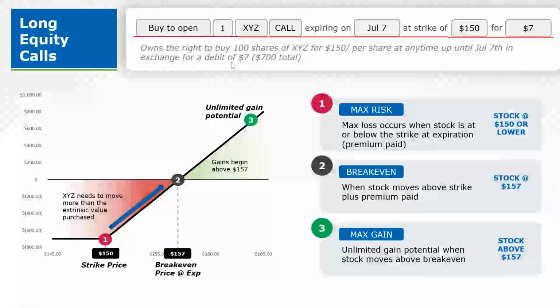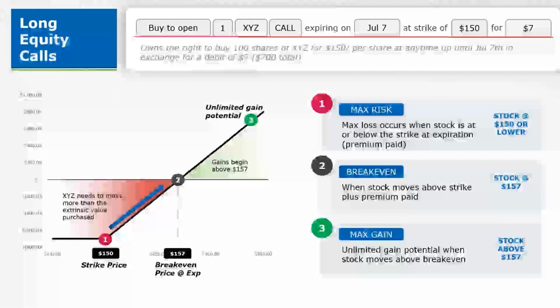Now, when it comes to the basic definitions, especially for long equity calls and long equity puts, it always says the right to buy. And yes, that is theoretically correct. However, remember what I said a few minutes ago, that options are more frequently traded. So the option value or the premium fluctuates in price, and a long equity call, like we discussed earlier, is a bullish strategy.